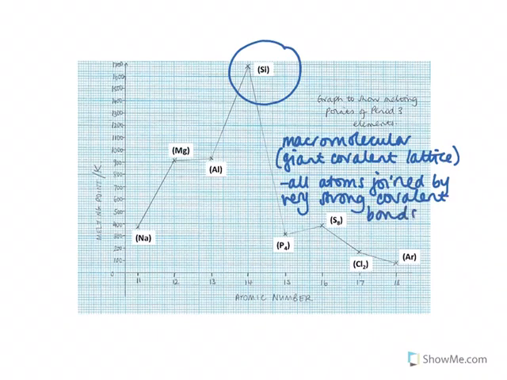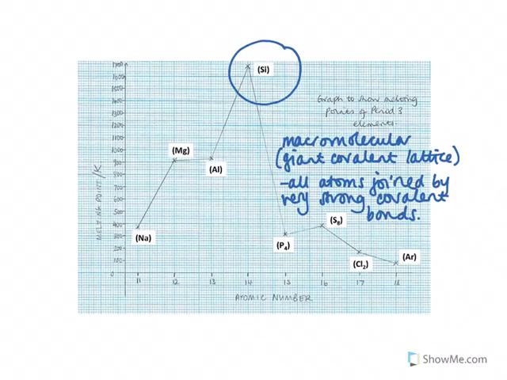Now that means then that to separate those atoms within that lattice, it's important to supply a huge amount of energy in order to break those very strong covalent bonds. And it's for that reason that silicon itself has got such a high melting point.